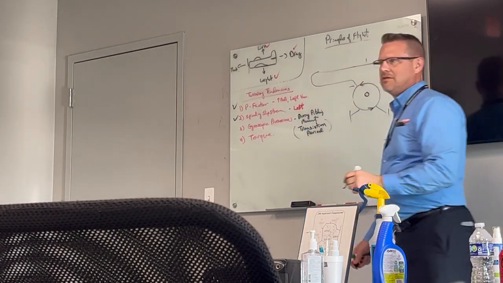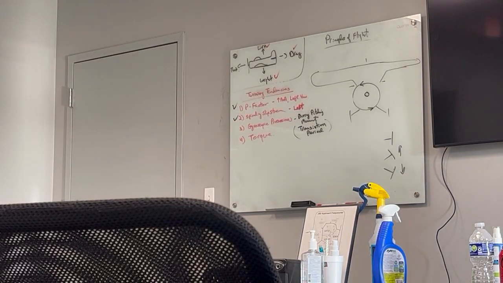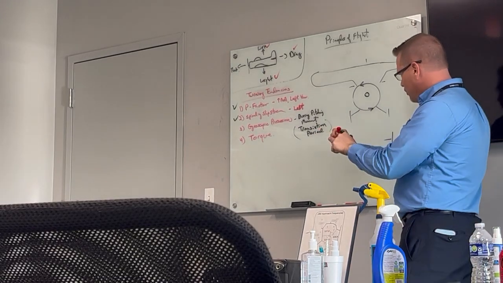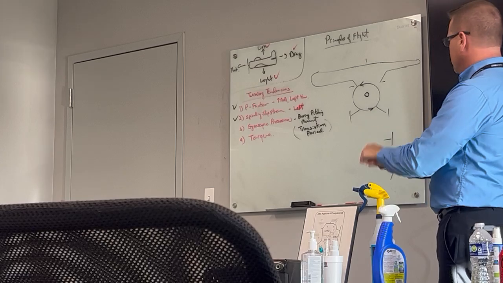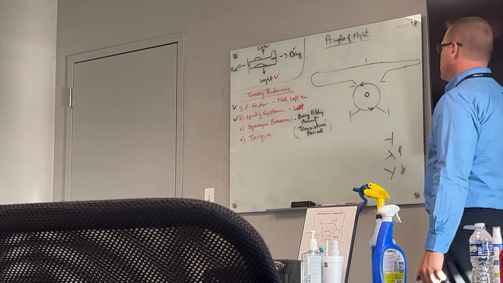Does that make sense? If you ever grabbed that bicycle wheel, maybe if you had that physics class, you actually have to move it. It has to be during the movement period, the transition period, that you'll feel that precession.